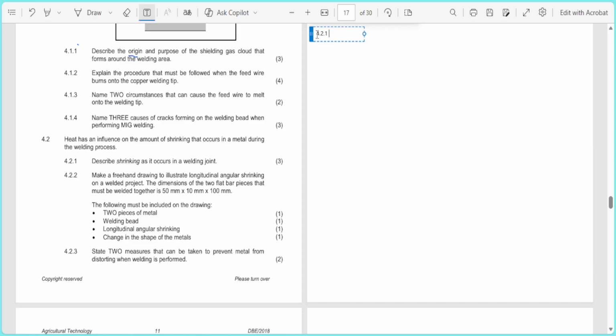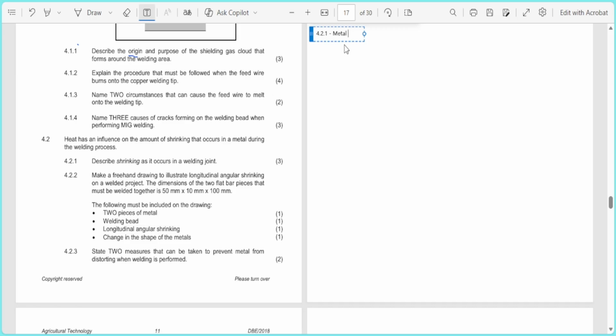So when a metal is heated, it expands, and when cooling down, it shrinks. Let me go ahead and describe this, because I thought of providing a definition, but they want us to describe, not define.